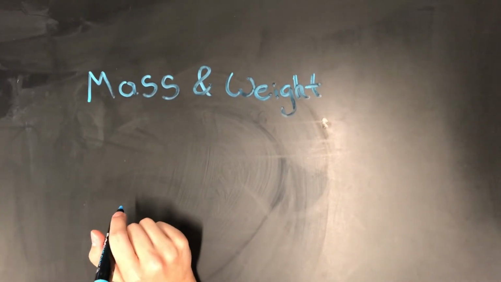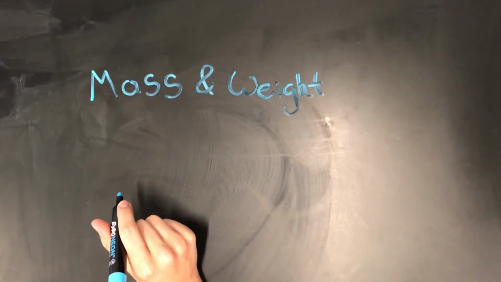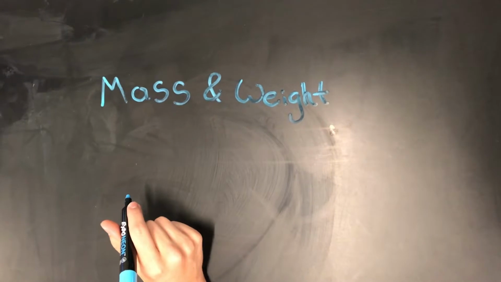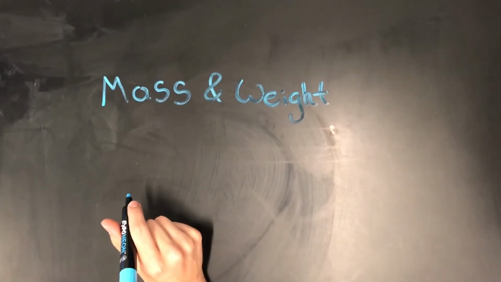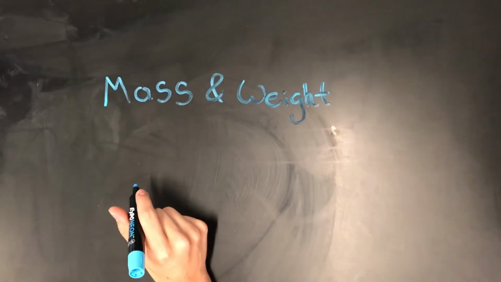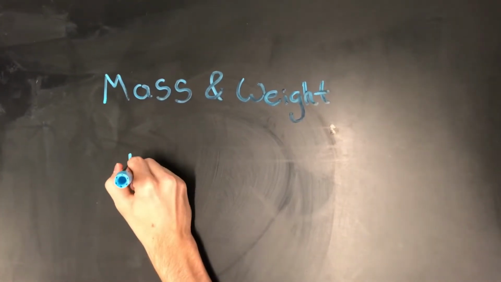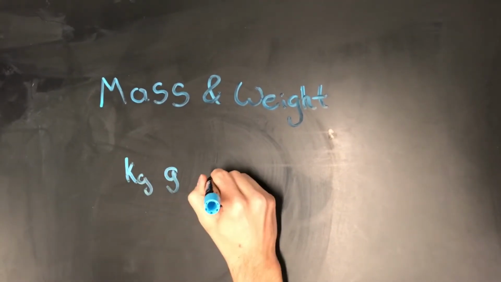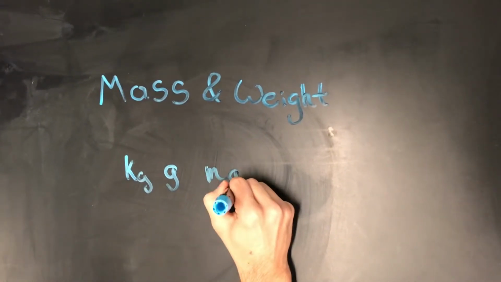Weight and mass may sound like the same thing, but they're very different. Mass is the quantitative measure of inertia, where weight is the measure of the amount of force acting on mass due to the acceleration of gravity. The SI unit for mass is expressed in kilograms, grams, and milligrams.